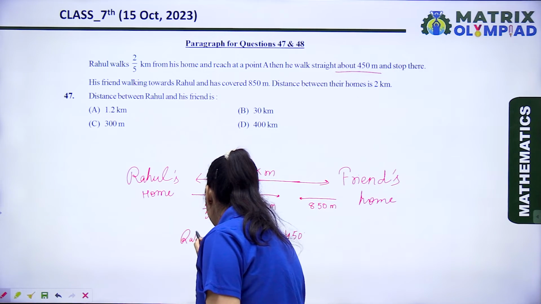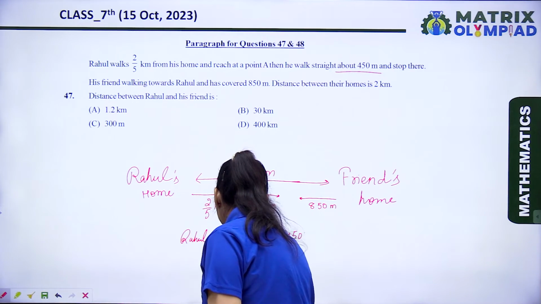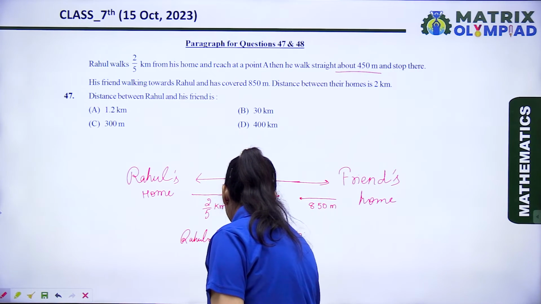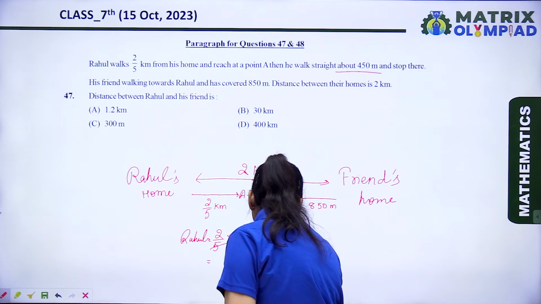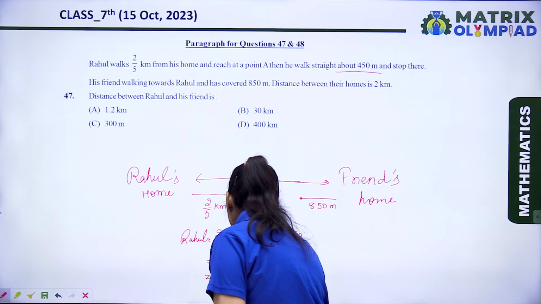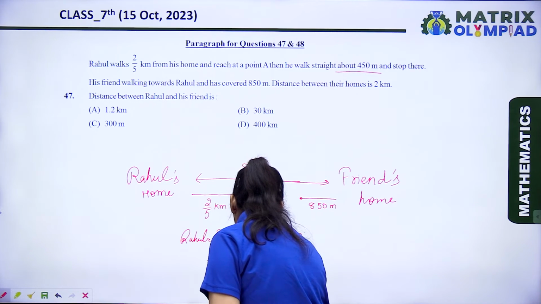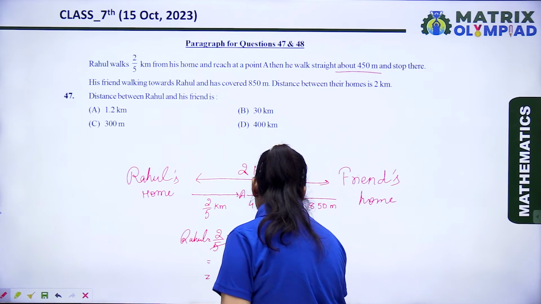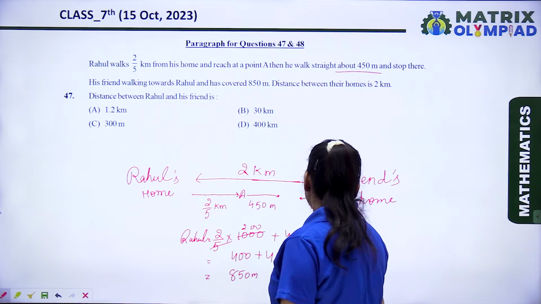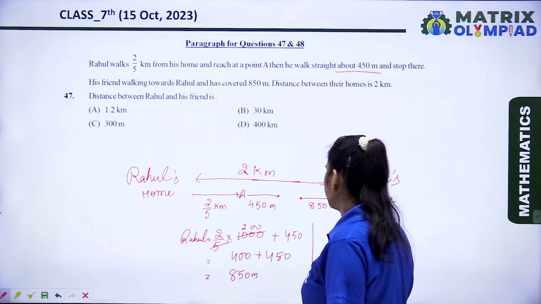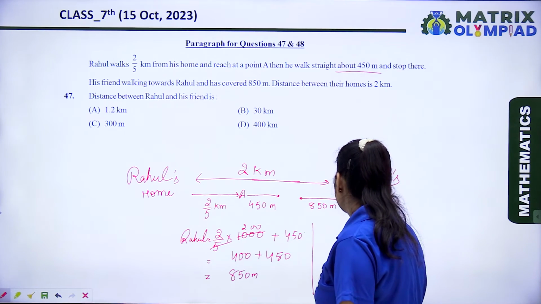So the distance covered by Rahul is equal to 400 plus 450, which is equal to 850 meter. And here his friend also covered a distance of 850 meter.